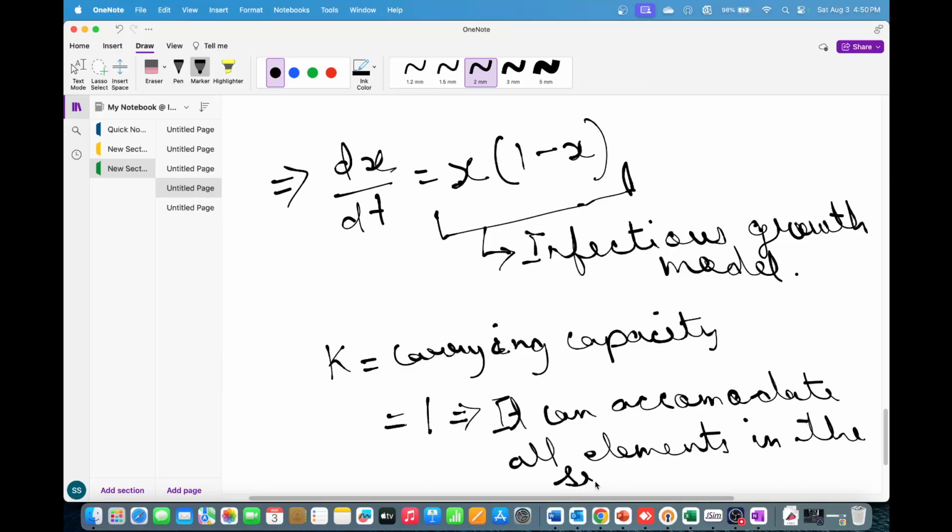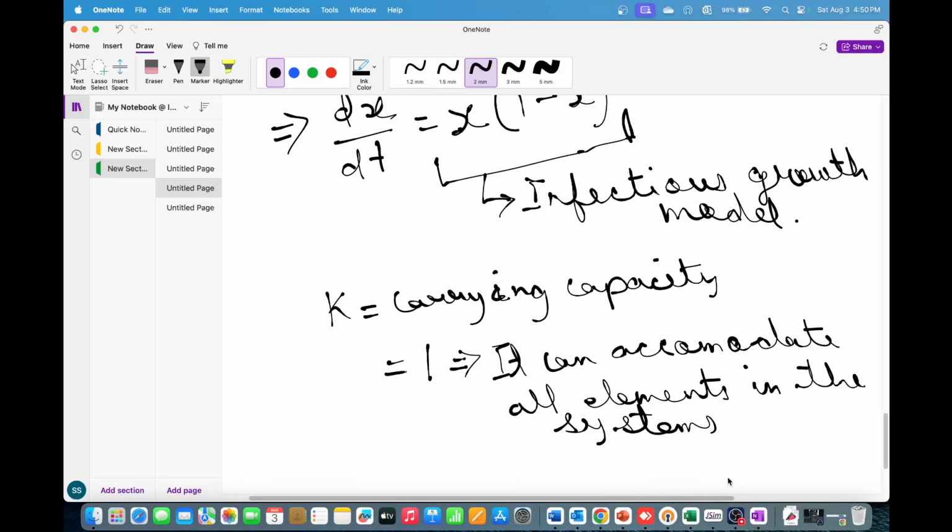It is given by a ratio: if k is less than 1, it can accommodate a lesser number of people as compared to the total number. But if you assume k equal to 1, your system can accommodate all elements of your system. So that is given by your carrying capacity.